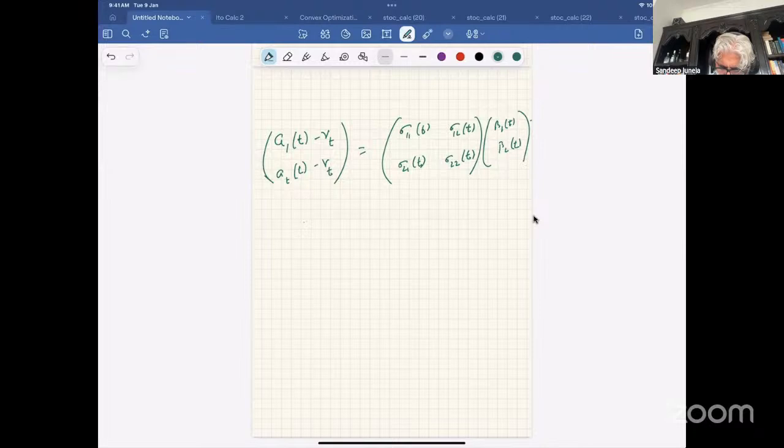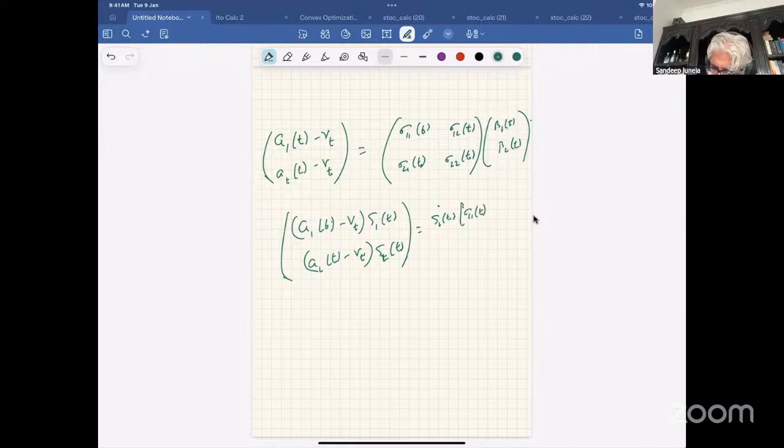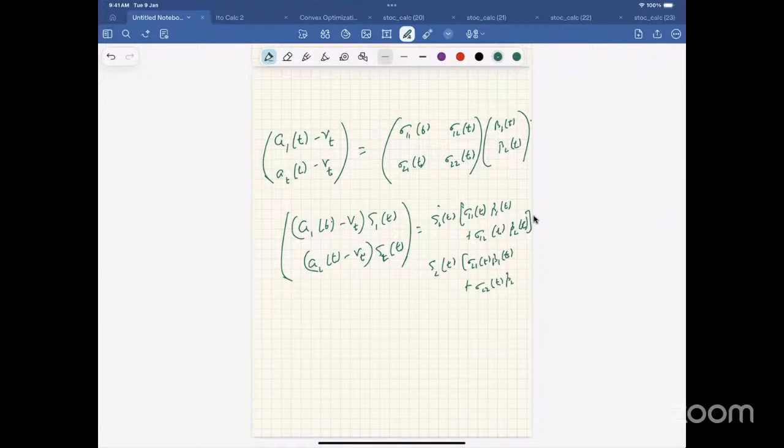I can also say this is same as saying that A1T minus RT into S1T, A2T minus RT into S2T, because S1T and S2T are all strictly positive, equals S1T into sigma 11T beta 1T plus sigma 12T beta 2T, and then S2T into sigma 21T beta 1T plus sigma 22T beta 2T.